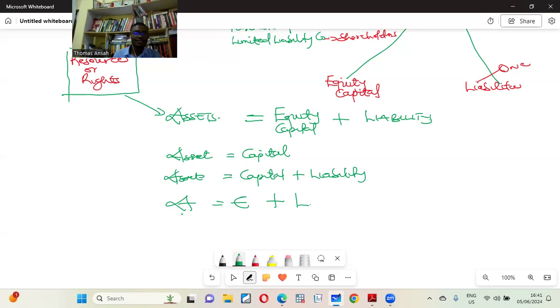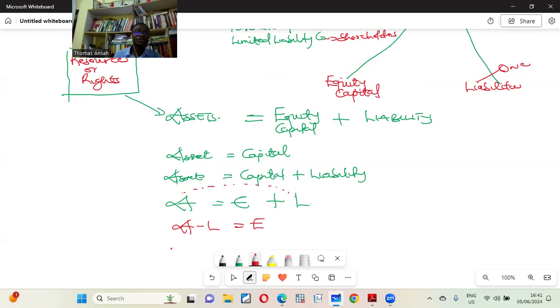So that is that. So it means that if I want to get equity, what will I do? Change of subject. I will move this one to this side and say A minus L is equal to E. That is that. If I want L, I can do A minus E is equal to L. So this is the interplay of what you have. So this is the accounting equation.